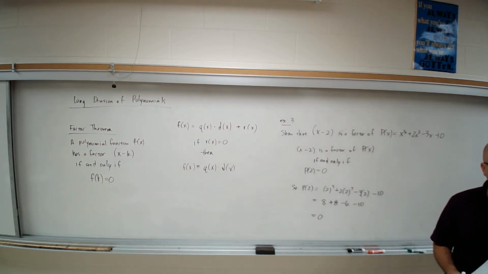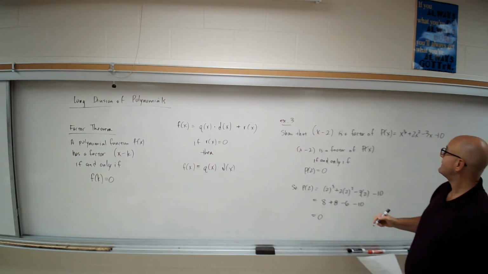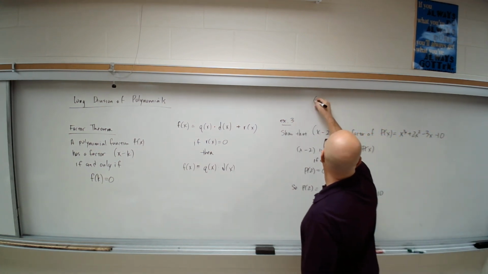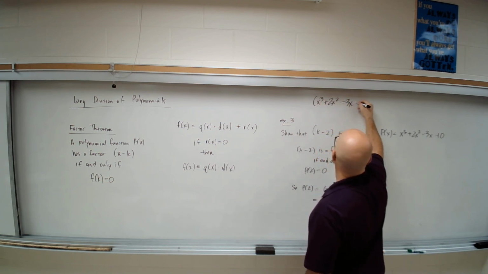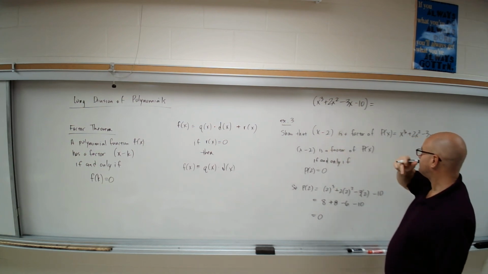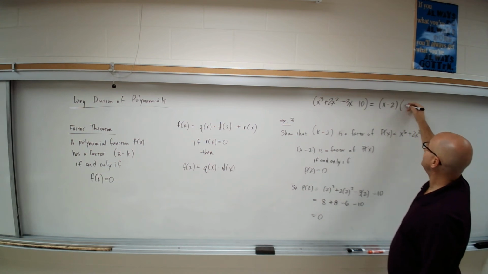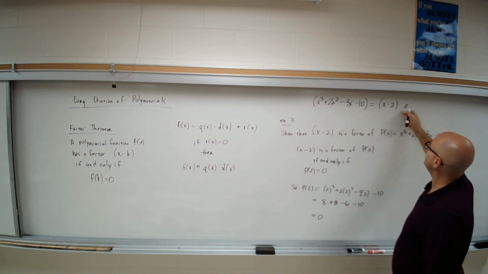So what that tells us is that since we had this 0 here, p of x, which was x cubed plus 2x squared minus 3x minus 10, is equal to x minus 2 times some quotient, whatever that quotient would be.